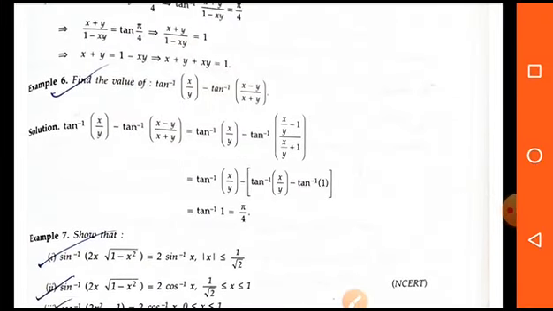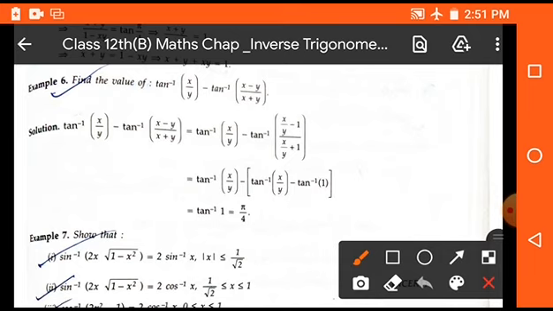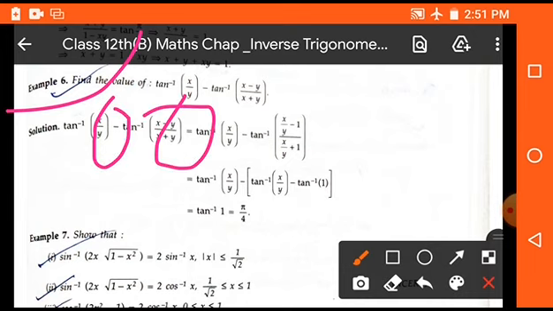Now student, you can solve different problems based on the above formulas. Like we will consider here a problem. Find the value of tan inverse x upon y minus tan inverse x minus y upon x plus y. So first of all, student, you can apply here tan inverse x minus tan inverse y.